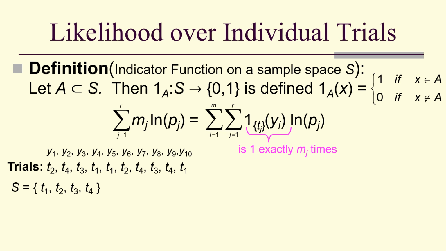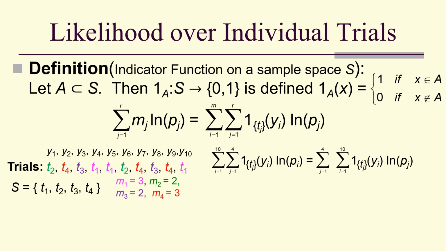So suppose I have y1 to y10, and the trial outcomes, which are in S, look like this. Then notice I've got m1 is 3, m2 is 2, m3 is 2, and m4 is 3.